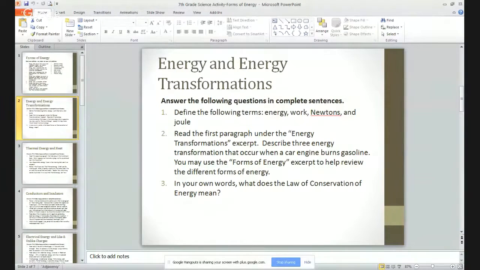You could argue mechanical into light, although it'd probably be better to do mechanical into electrical, which would then become light for your headlights. So your battery powering, becoming the electrical energy to power your lights, which would then be converted into light energy. So there's a whole bunch of different examples for that.